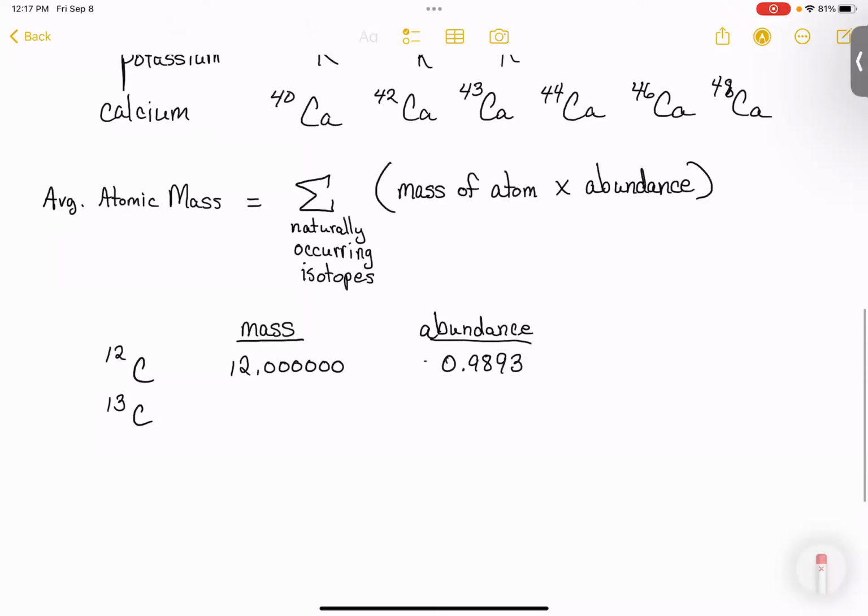Carbon-13 has a mass of 13.003355, and it occurs 1.07% of the time, or its abundance is 0.0107.